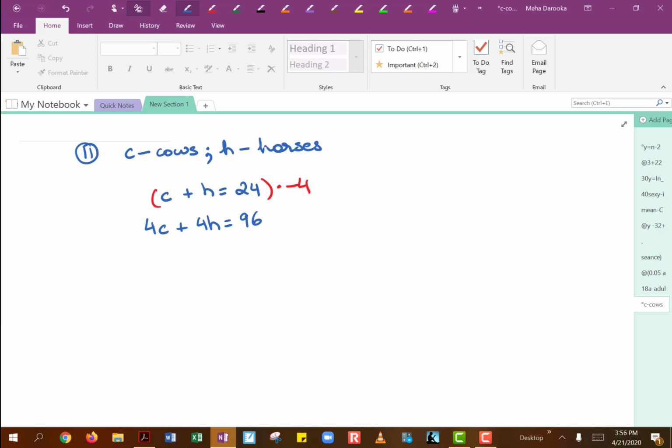So we will multiply the first equation, all the terms, by negative 4, and we will end up getting negative 4c, negative 4h, and of course on the right hand side we'll get negative 96, keeping our second equation the same.